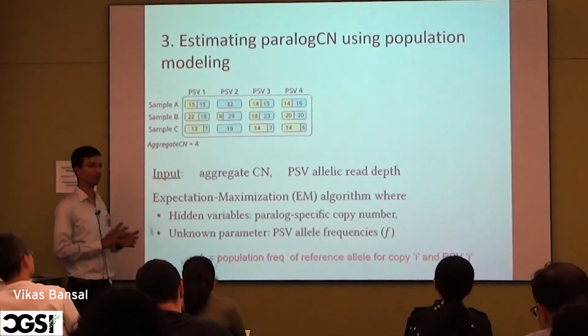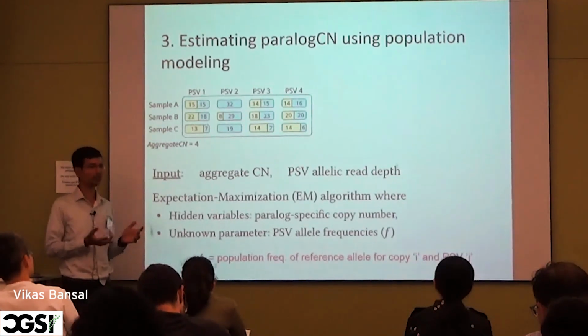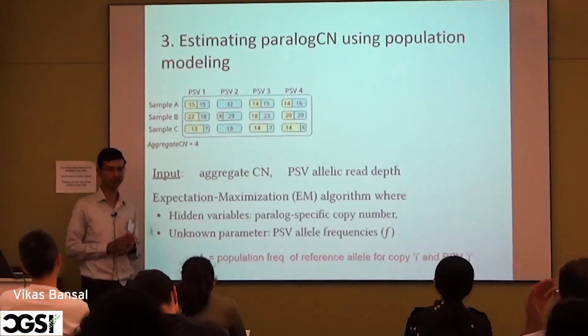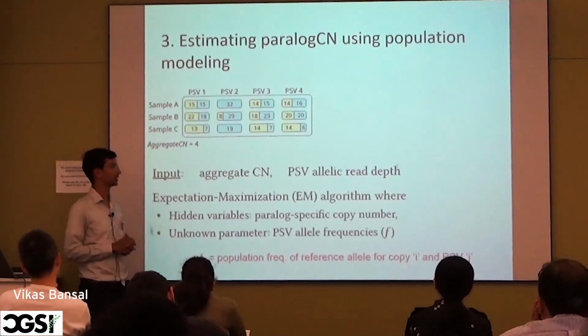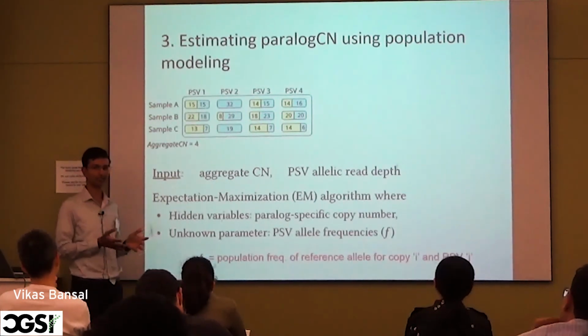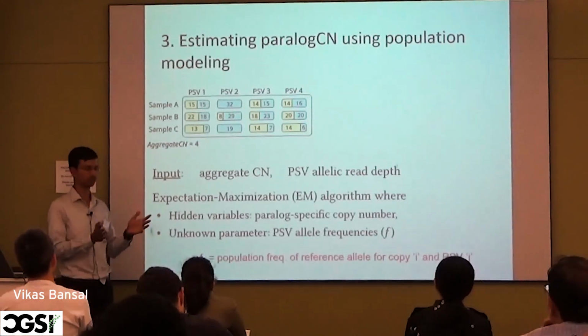Now if I knew that PSV1 was a reliable PSV, which means that it never varies in the population, then because I see 15 reads for each allele at that PSV, it would be safe to infer that sample A has 2 copies of copy A and 2 copies of copy B, because the ratio is equal.